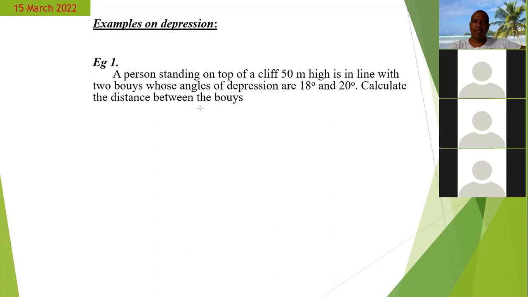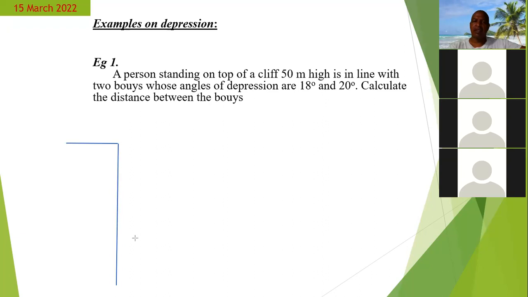So you read the question to yourself and follow what it is saying and construct a diagram to match what it is saying. So I say a person standing on top of a cliff. So if you have a cliff, you have to draw a cliff, right? Yes, sir. All right, so we know that a cliff would be some level above either the ocean or something like that.